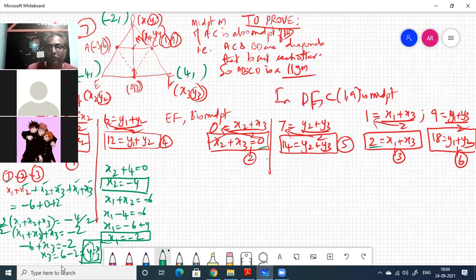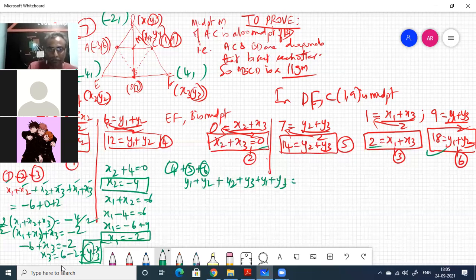For that, you have to add up 4 plus 5 plus 6: y1 plus y2, plus y2 plus y3, plus y1 plus y3 is equal to 12 plus 14 plus 18.